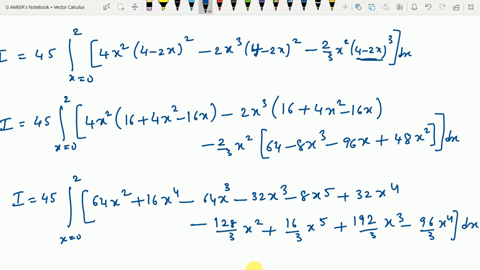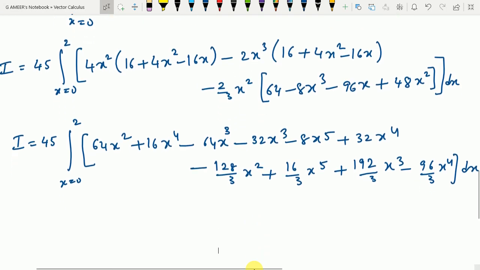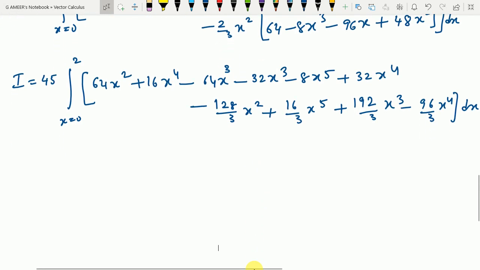Next, minus 96 by 3 x power 4. Now write all terms in descending order of power: first x power 5, then x power 4, then x cube, then x square. Then finally we'll integrate.